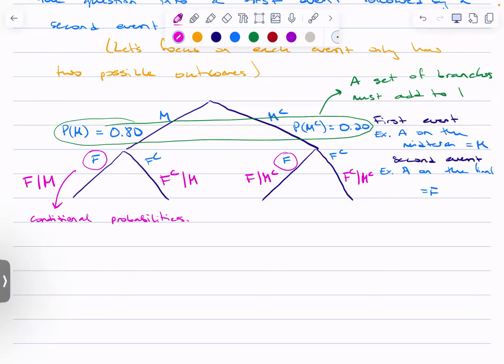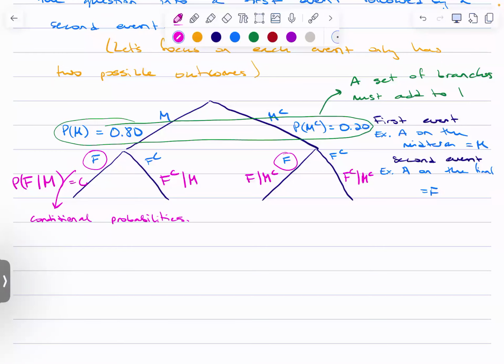So for my probabilities then, right, how about I just sneak some probability notation around these conditionals, right? Because it'll save me a little bit of writing, but also that's what we're after, right? Let's make up a probability of getting an A on the final, knowing that you got an A on the midterm.